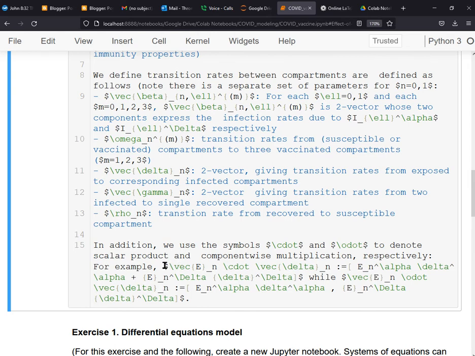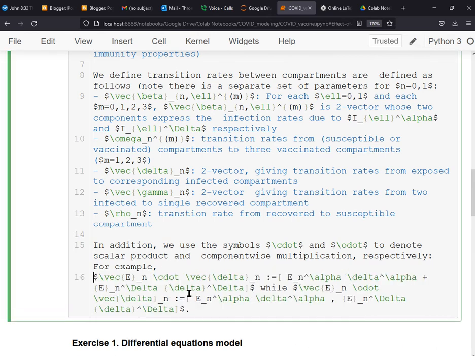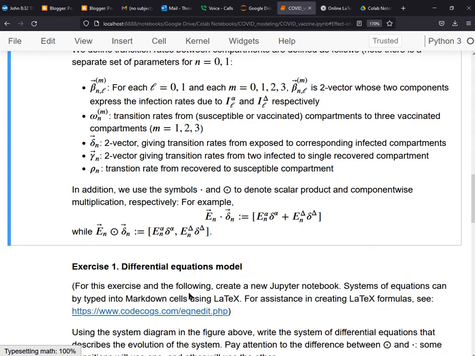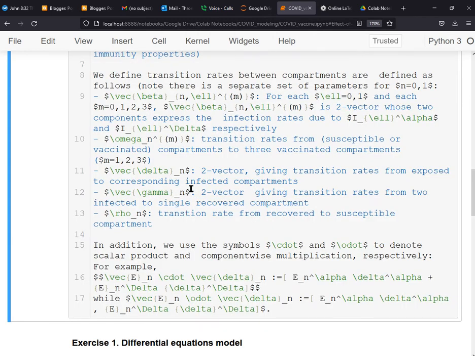I can go down here and I'll make this one dollar sign. And you'll see the difference. See, that makes the equation an inline equation. I'm going to change it back because I like it the original way. It's not going back. So go back like this.